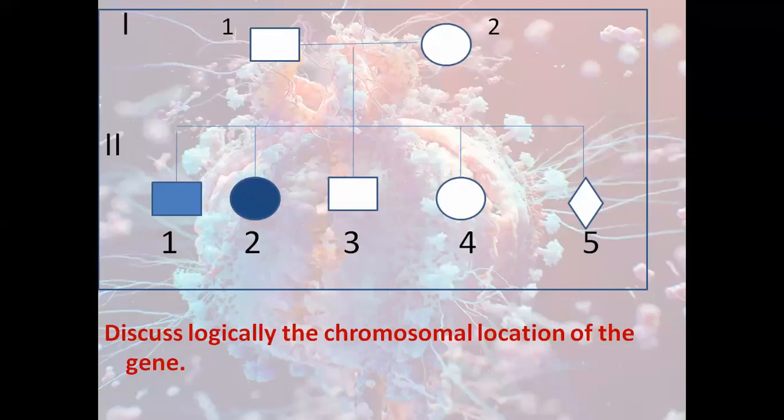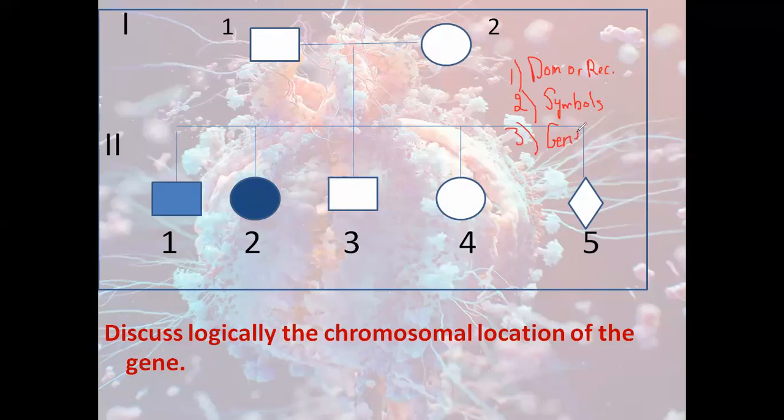Here, if I ask you only this question, discuss logically the chromosomal localization: first, you have to say dominant or recessive, which allele is dominant or recessive. Two, you have to give symbols. Three, you have to discuss the localization. So number three is the gene localization.